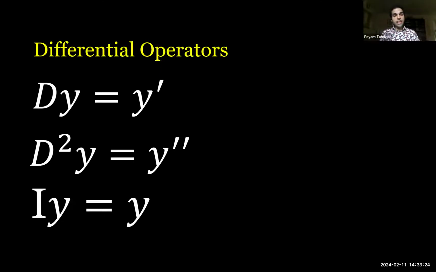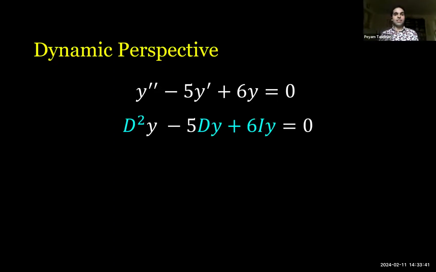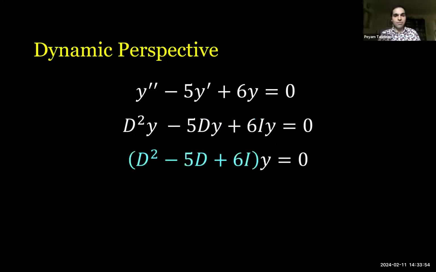And the cool thing is, using just this notation, you can write your ODE in a more dynamic perspective. So let's start with our culprit again: y double prime minus 5y prime plus 6y equals 0. In terms of our notation, this becomes D squared y minus 5Dy plus 6Iy. And the cool thing is now we can see that the y sort of factors out.